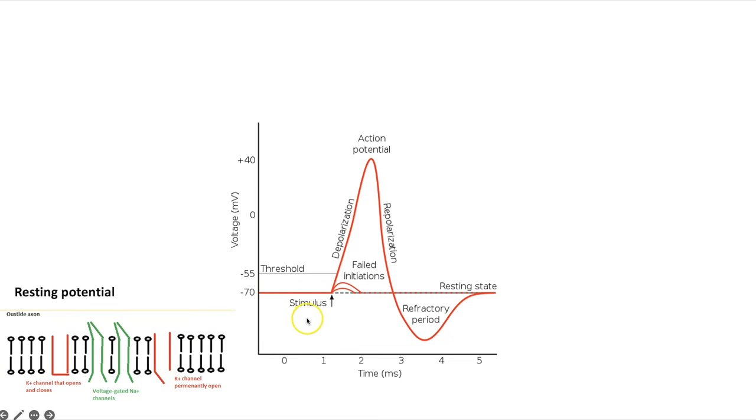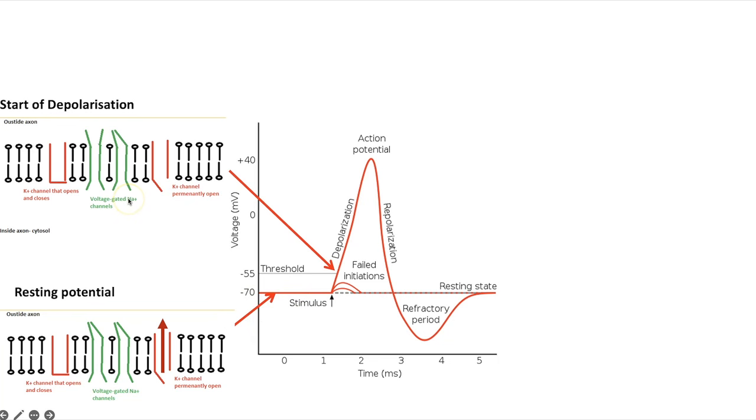So that's what's happening at our minus 70 millivolts for the resting potential. But if there is a stimulus, that stimulus causes some of the voltage-gated sodium ion channels to open. As a result, sodium ions are going to diffuse in, and that causes the voltage to become more positive.